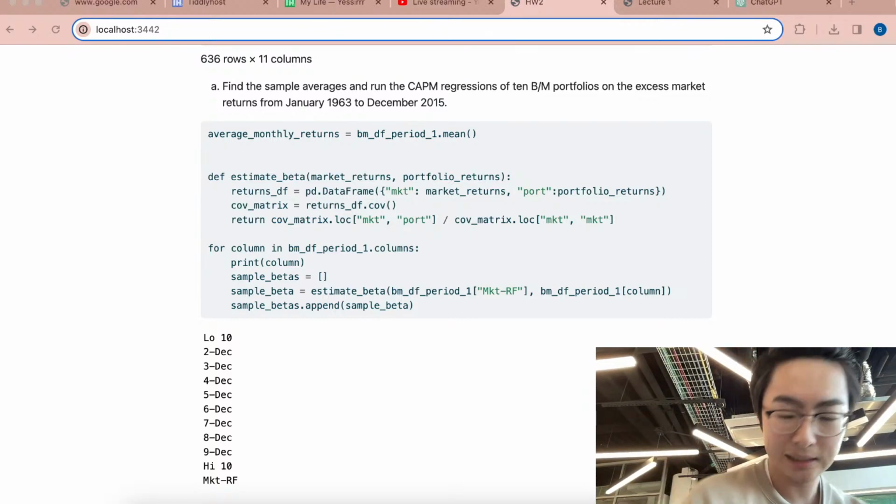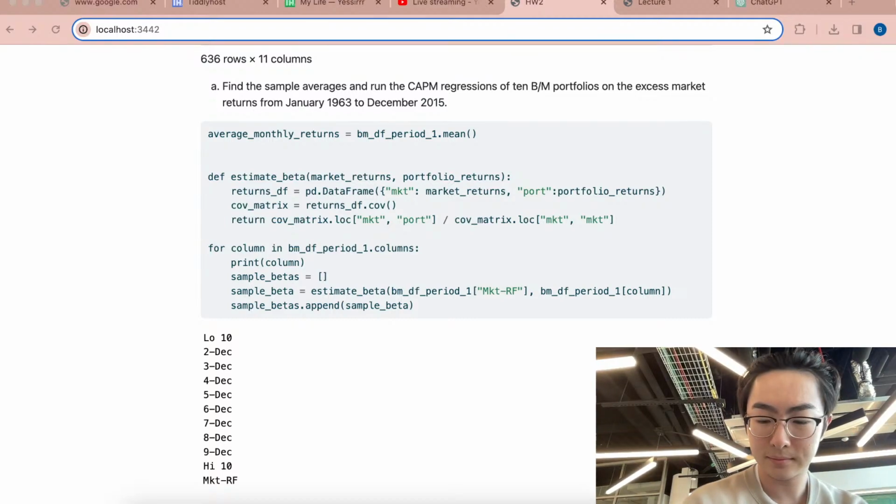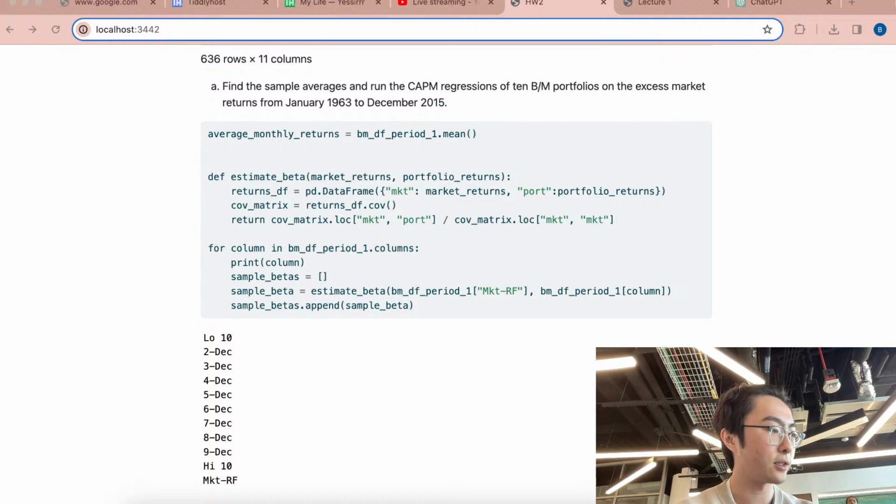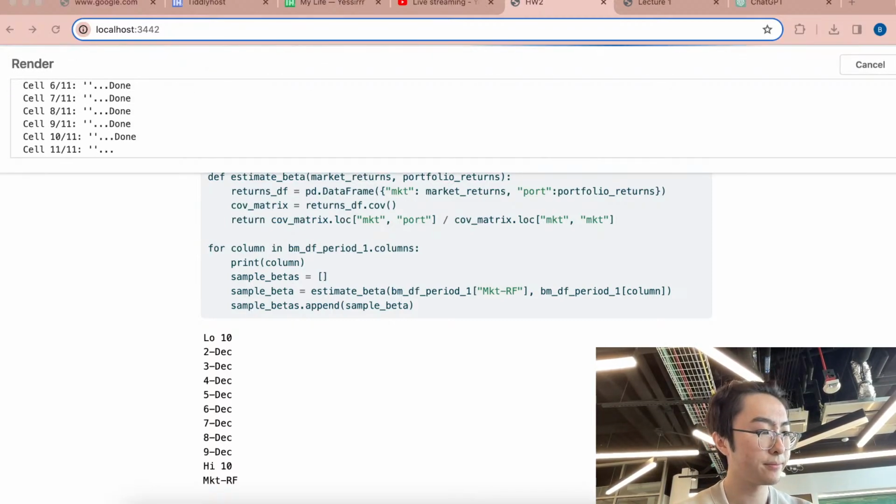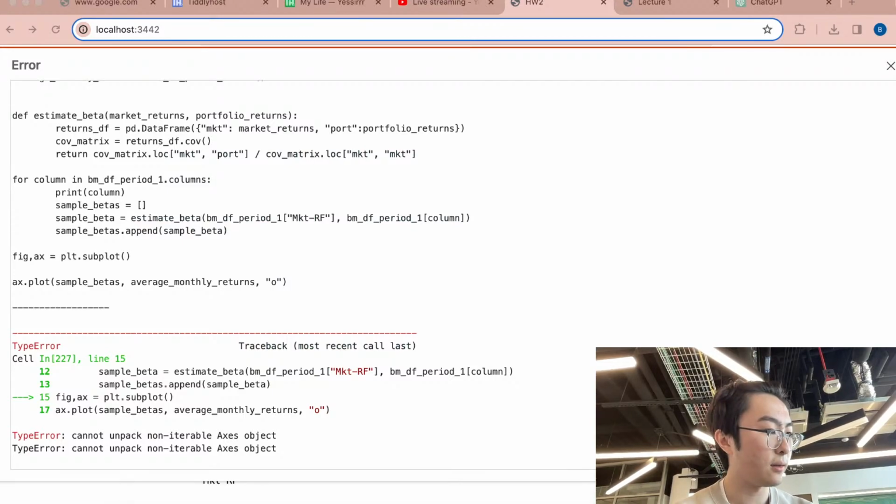So I think we could just specify that in the function call. So in our x-axis, we want these sample betas. Y-axis should be the average monthly returns. And then I think we need to specify it to be a circle. And then color, we could just do blue for default. Alright.